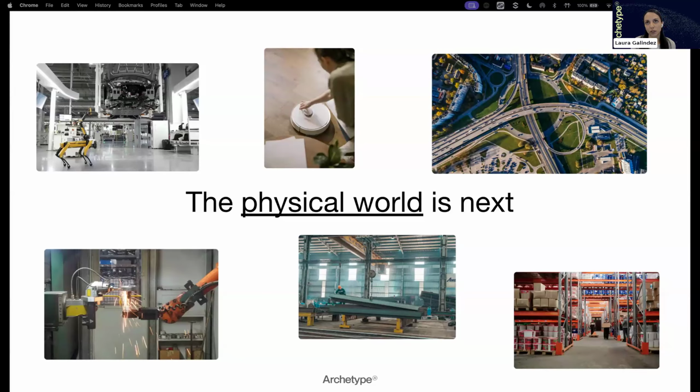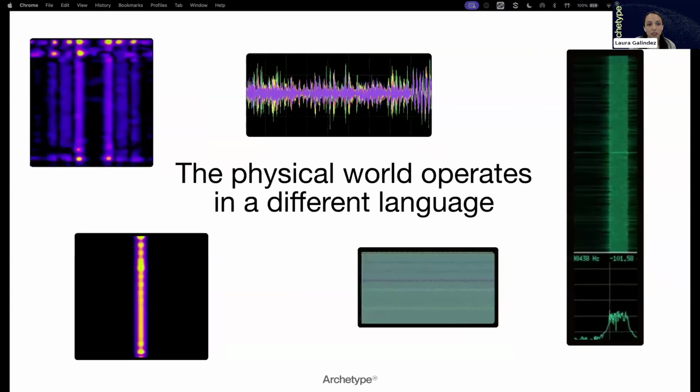However, LLMs, which have dominated the AI conversation as of late, were never really designed for the physical world. They were designed to handle things like text and tokens. But the physical world doesn't really communicate in words or tokens. It actually speaks in terms of much more complex quantities like torque, pressure, electrical voltage, electrical current, and so on.